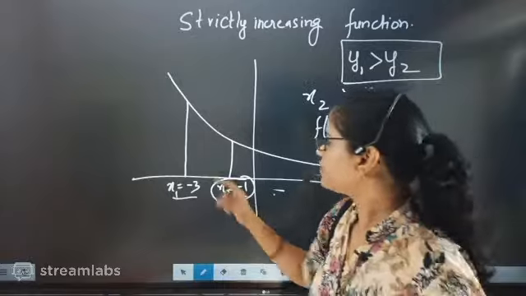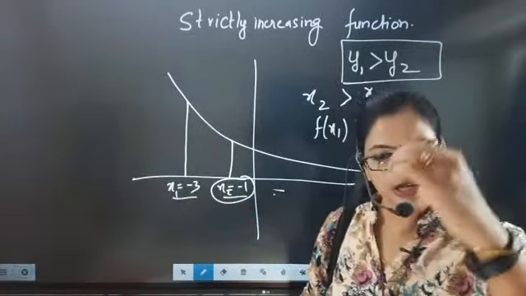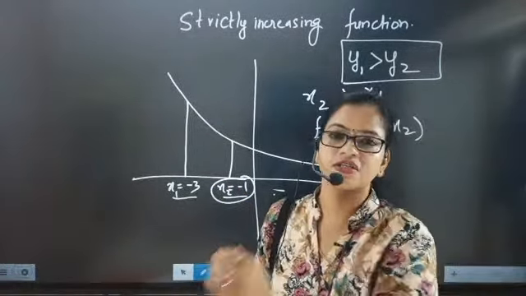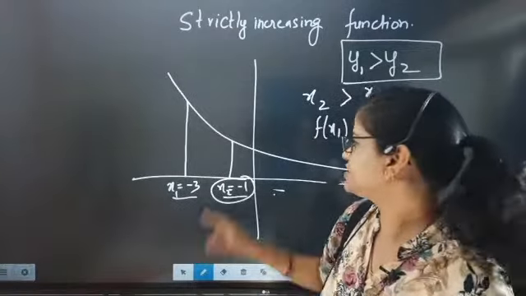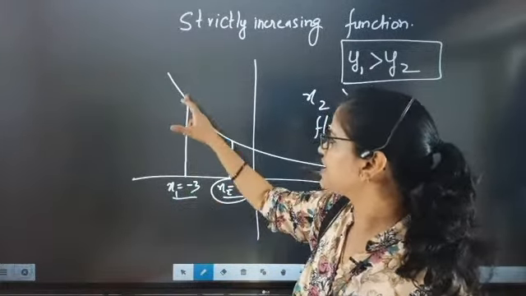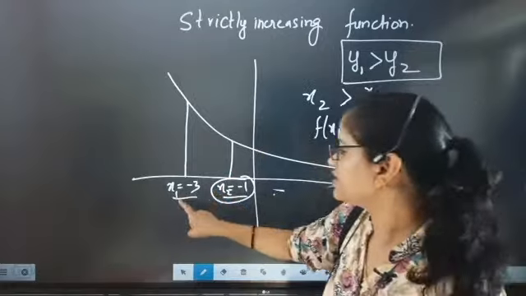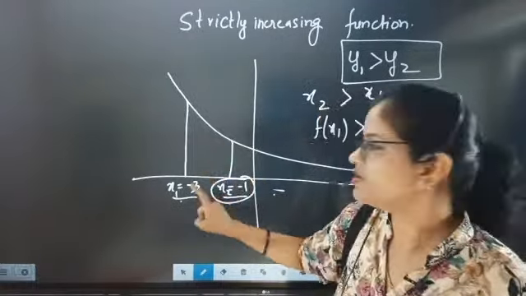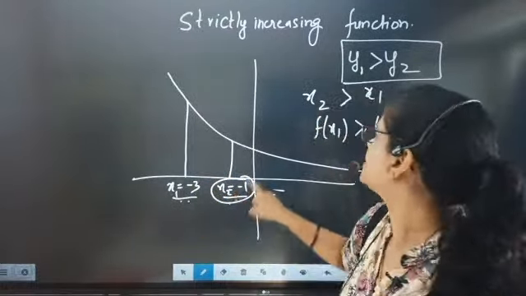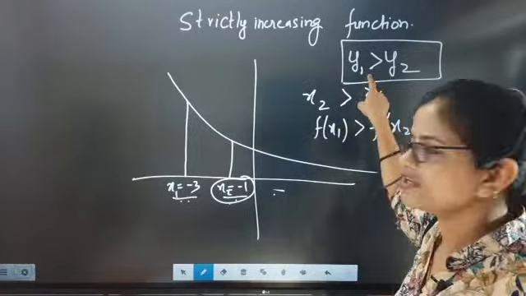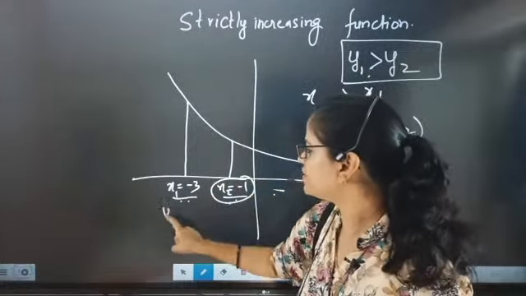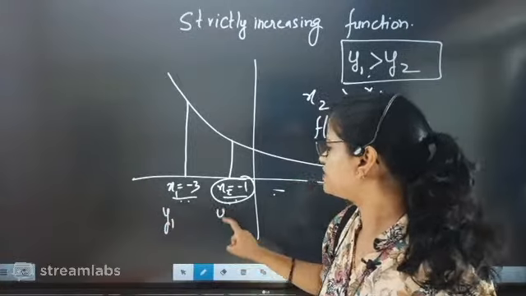That means with increasing value of x, as you go from left to right, the value of x is increasing, but the value of y is decreasing. You see here beta, this should be giving you the value of y1 and this is y2.